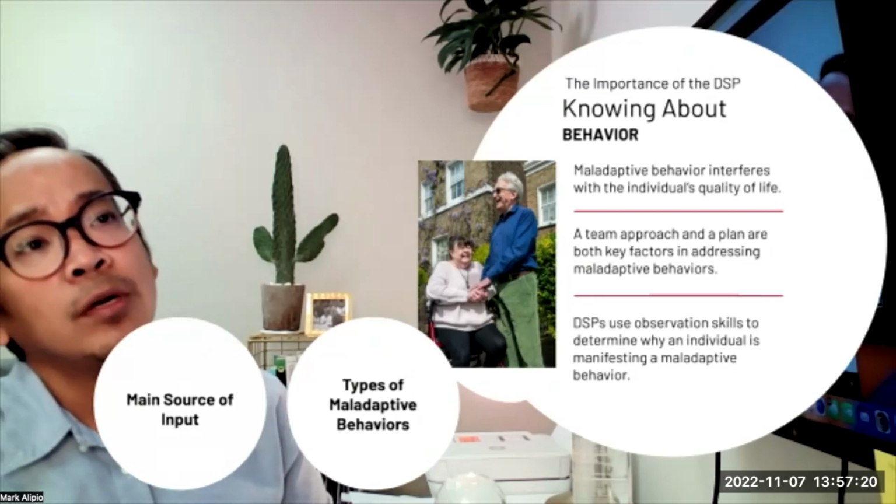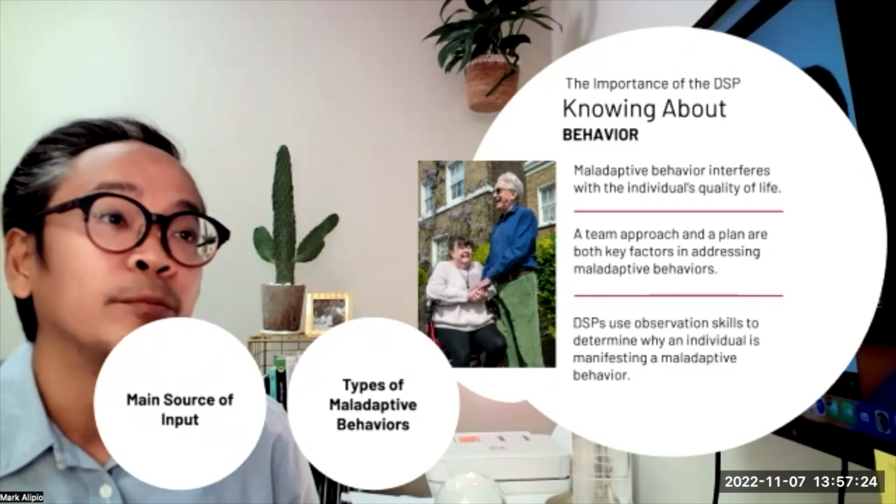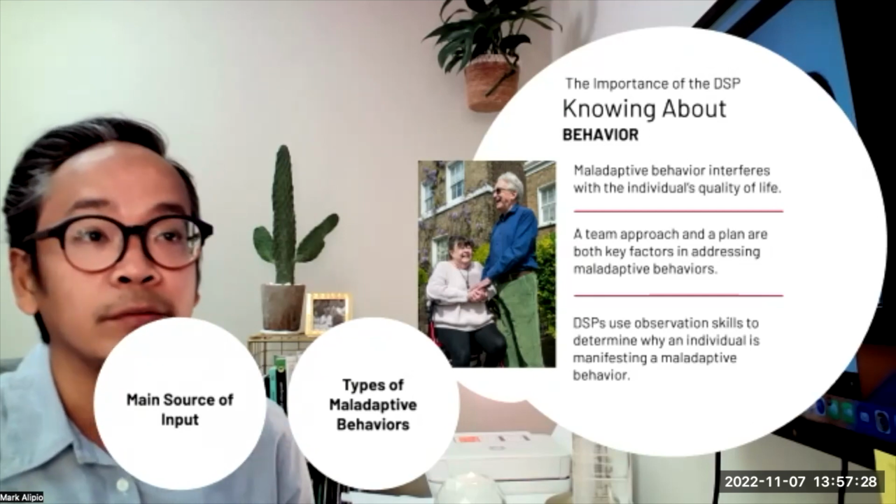Going back to the importance of knowing about behaviors, maladaptive behaviors interfere with the individual's quality of life.